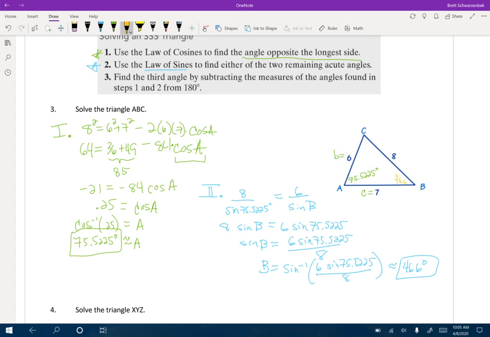So again, the only thing remaining is to find the missing piece of it. So you're going to add 75.5225 and 46.6, which is going to give you approximately, for angle C, 57.9 degrees as your missing angle.